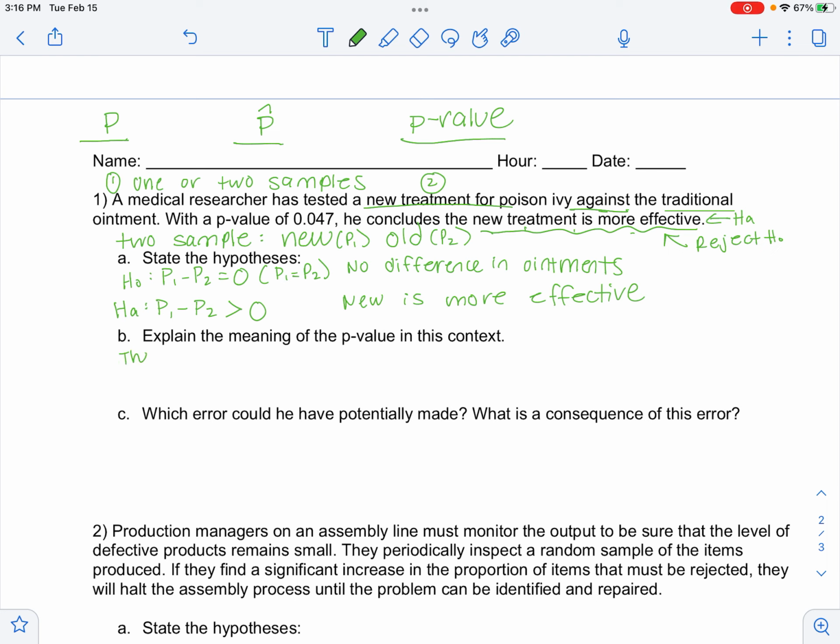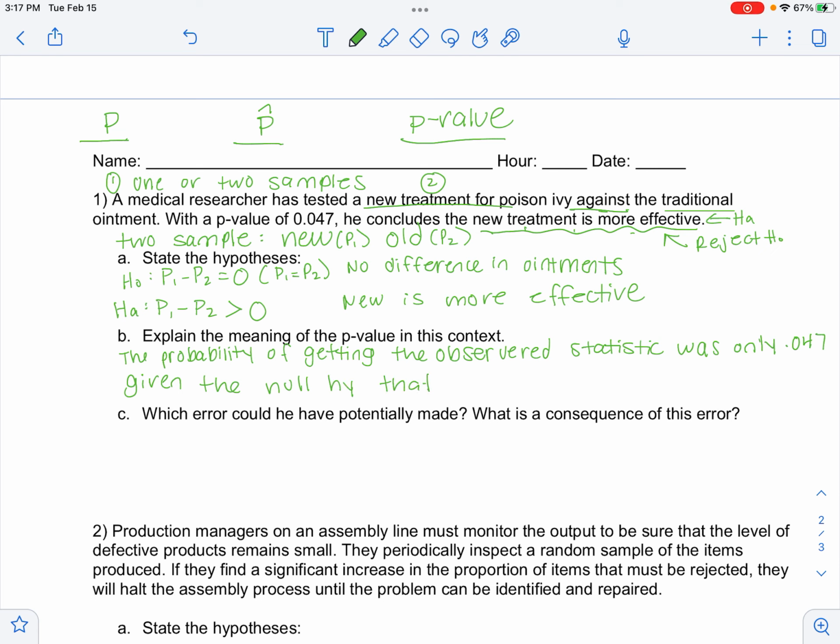So I'm going to say that it is the probability of getting the observed statistic, which is our p-hat, was only 0.047 given the null hypothesis that there is no difference in the ointments.